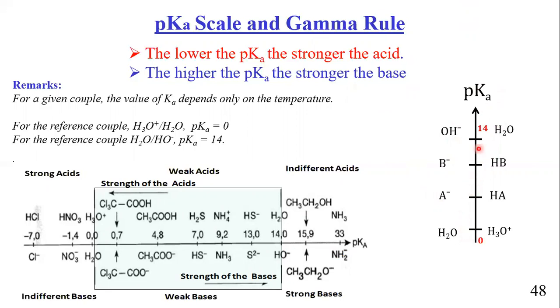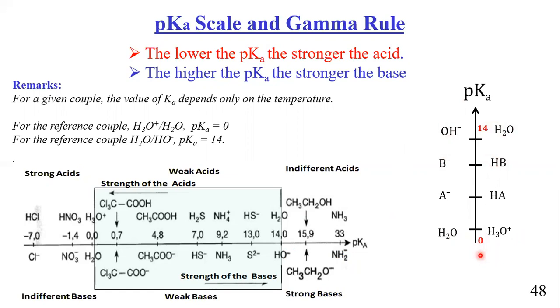On a pKa scale, the most acidic is closest to 0, and the more basic is at a maximum of 14. I will put the bases on the left-hand side and the acids on the right-hand side, each with its conjugate. So water will have a conjugate base of OH minus, HB will have a conjugate base B minus, and so on.